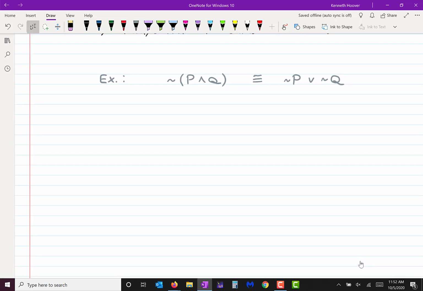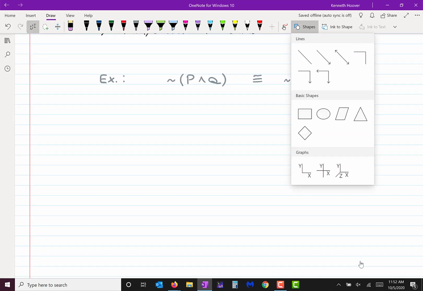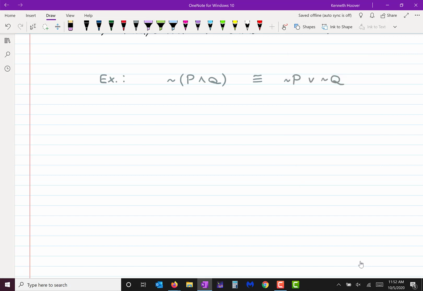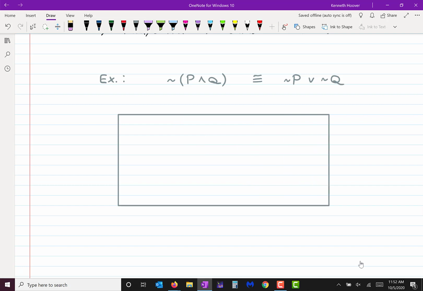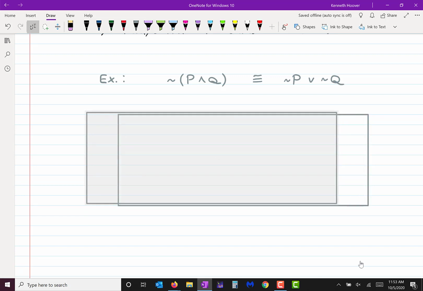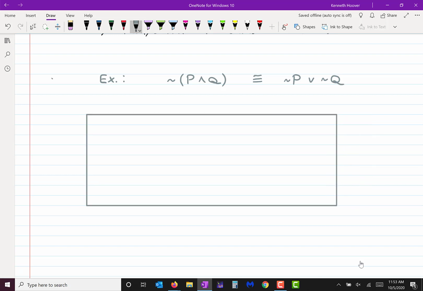What we do is we make a truth table. And in that truth table, I make sure I have enough room to do both of those. Okay, now I'm going to build this truth table up. It's going to be somewhat of a big truth table, not huge, but somewhat big.